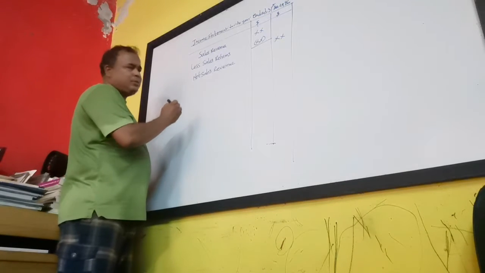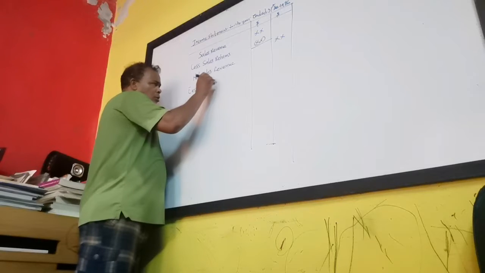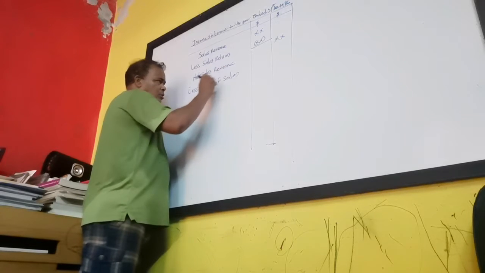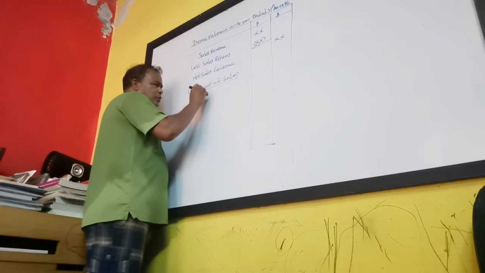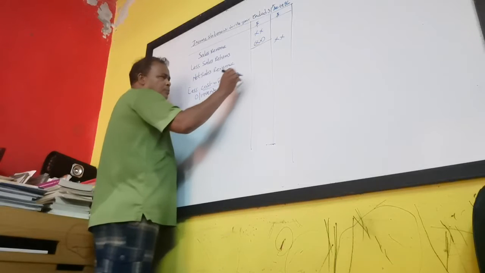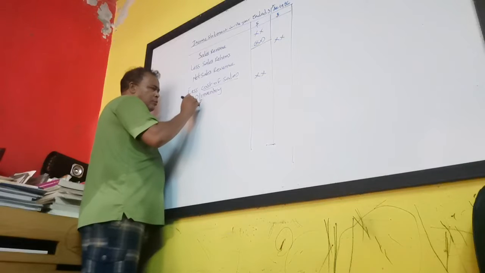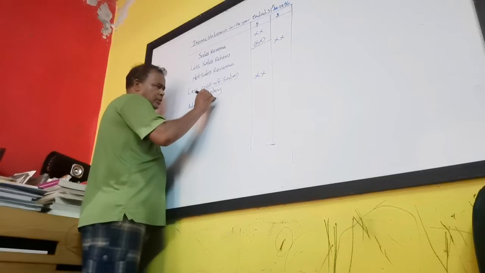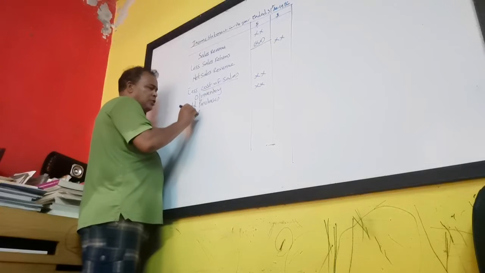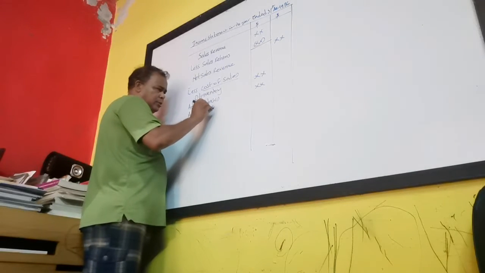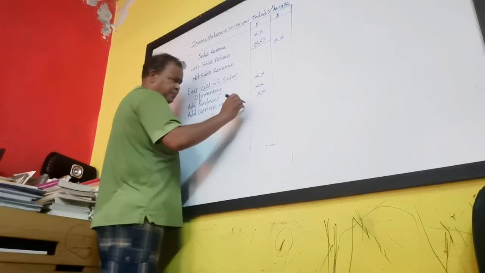Then we leave a line and write down less cost of sales. The title we have to underline. We will have opening inventory in the first column, add purchases, also in the first column, add carriage inwards, the cost of transport, what we call carriage on purchases.